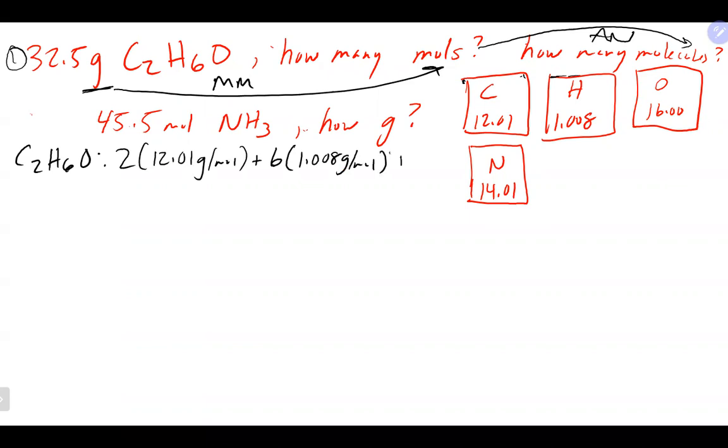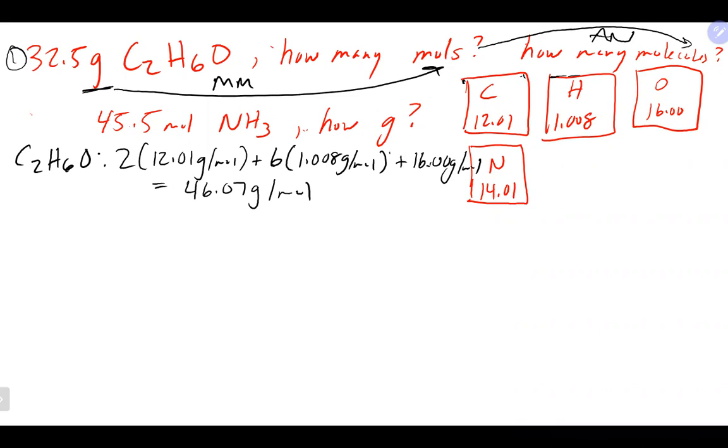And again, here we have a 16 for the oxygen on the periodic table. We do all that good stuff there. Looks like a 46.07 grams per mole. Again, that is the molar mass. The grams stay with the number, and it's 1 mole.